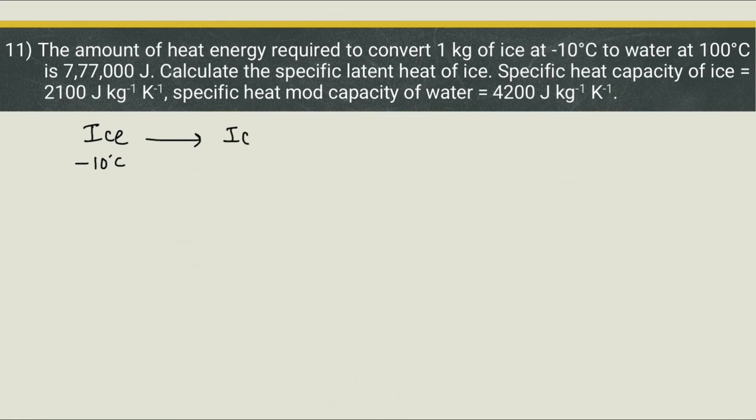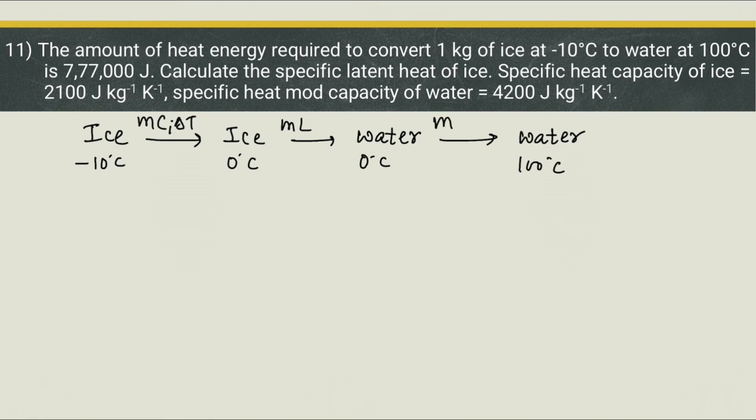First, the temperature of this ice will increase to 0, so we can say m c_i delta T. Ice at 0 to water at 0, so mL. And water at 0 degree Celsius to water at 100 degree Celsius, m c_w delta T. And this total heat energy absorbed is already given to us. So Q is equal to m c_i delta T plus mL plus m c_w delta T.